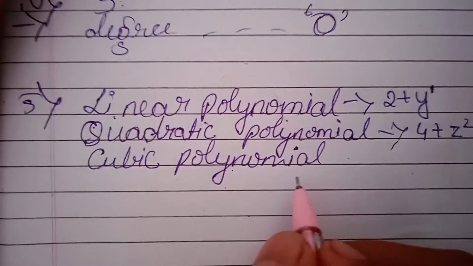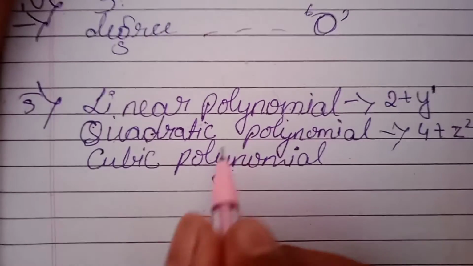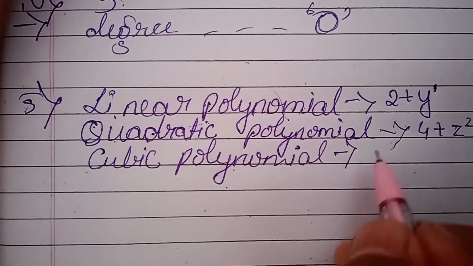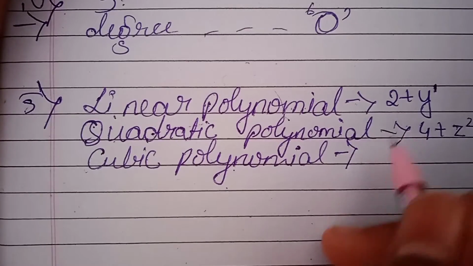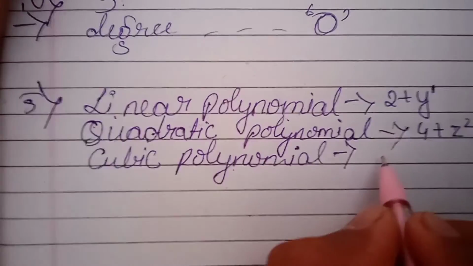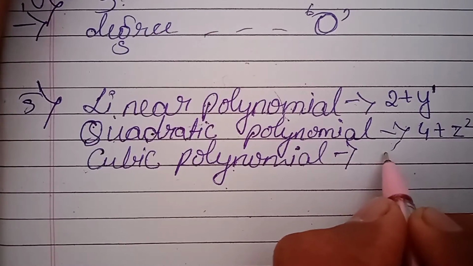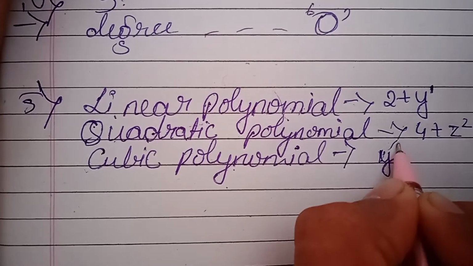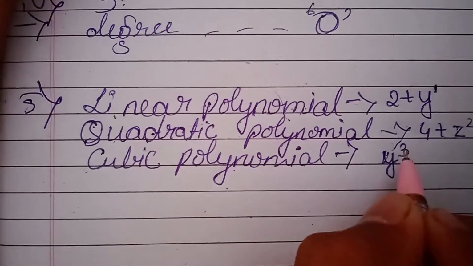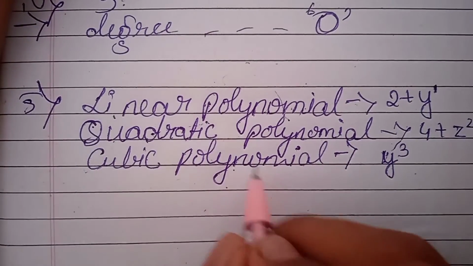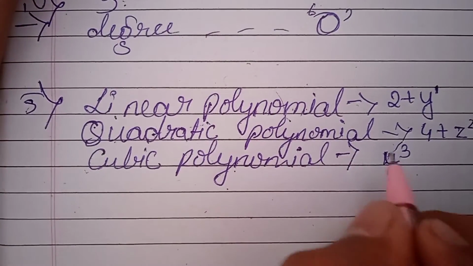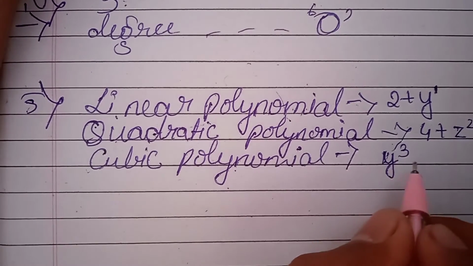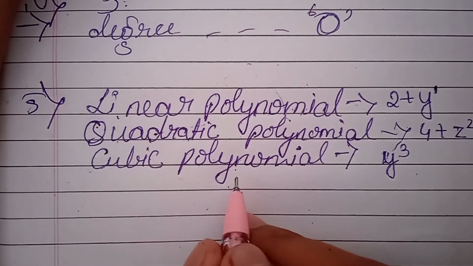Okay friends, for a cubic polynomial the degree of the variable is equal to 3. For example, y raised to 3, y cube, is a cubic polynomial. When the power of the variable is equal to 3, then the expression is called a cubic polynomial.